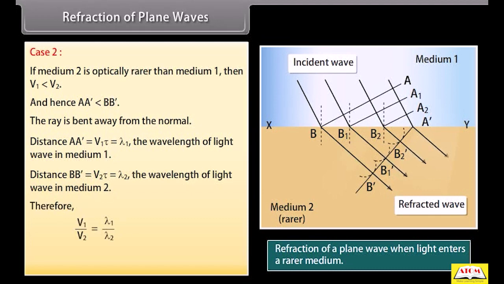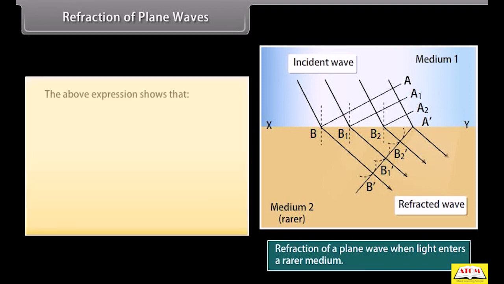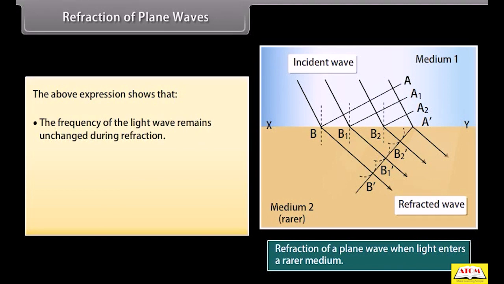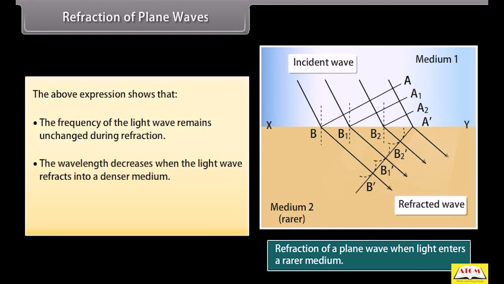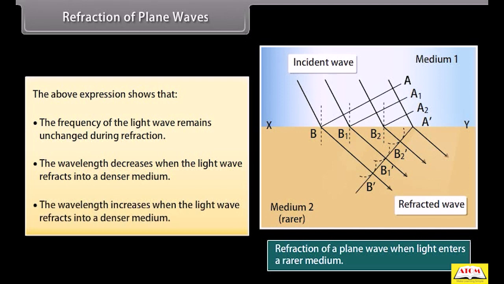Therefore, V1 by V2 is equal to lambda 1 by lambda 2, or it can be written as V1 by lambda 1 is equal to V2 by lambda 2, which is equal to nu. The above expression shows that the frequency of the light wave remains unchanged during refraction. The wavelength decreases when the light wave refracts into a denser medium and the wavelength increases when the light wave refracts into a rarer medium.